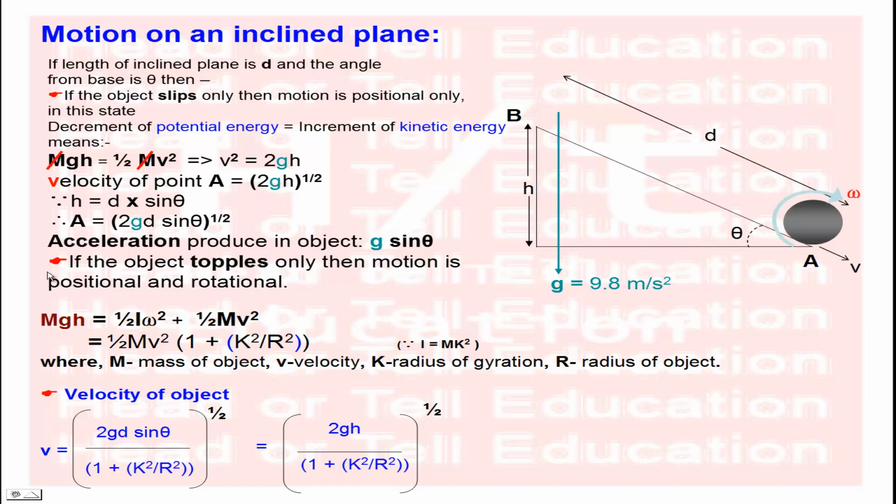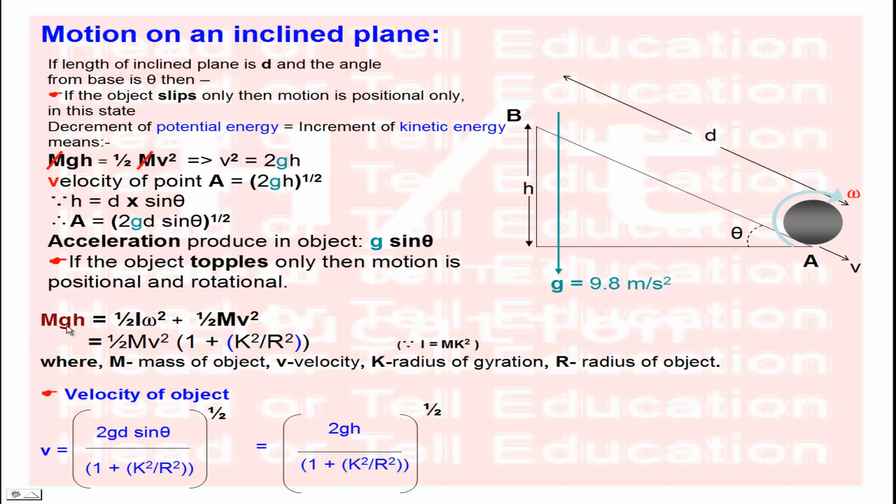Next point is, if the object topples only, then the motion is translational and rotational. Means the object is moving by rotating and coming down like this. So this type of motion is translational and rotational.